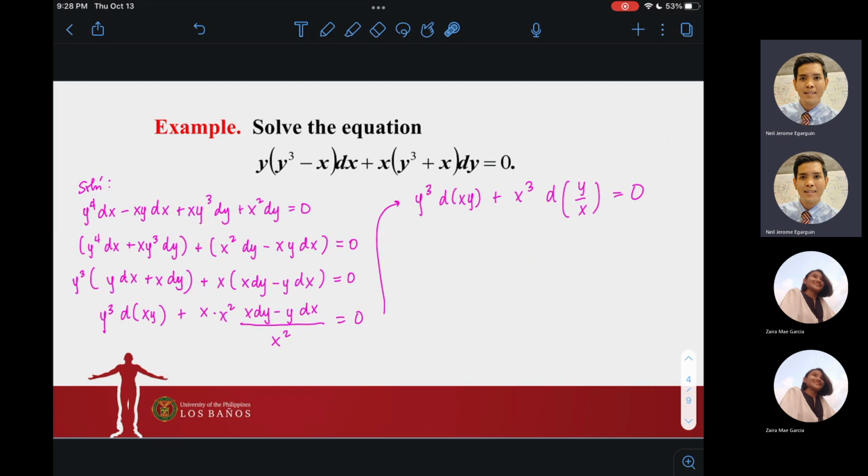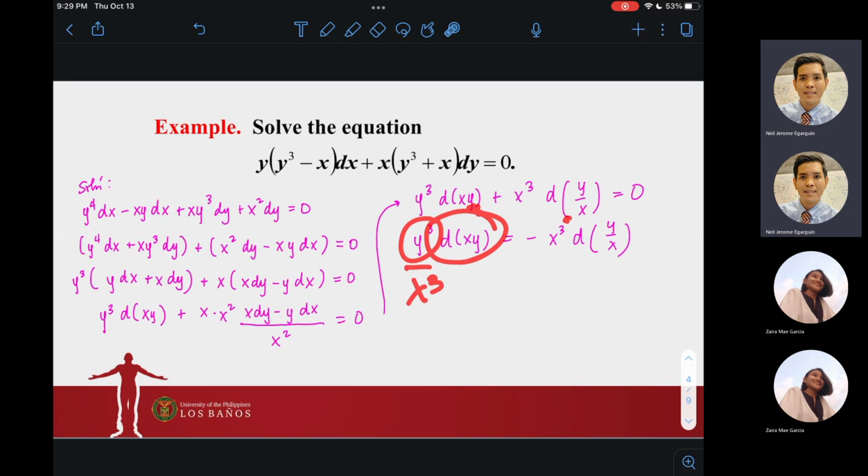Pero at this particular point, hindi pa siya ganon kadaling makita, right? But I can, paghiwalayin ko muna yung mga differentials. So we'll have y cubed dxy equals negative x cubed dy over x. Okay? Tapos, pag nag-divide ako ng x cubed to both sides, I will have a y cubed over x cubed, pero nakapartner siya sa dxy.